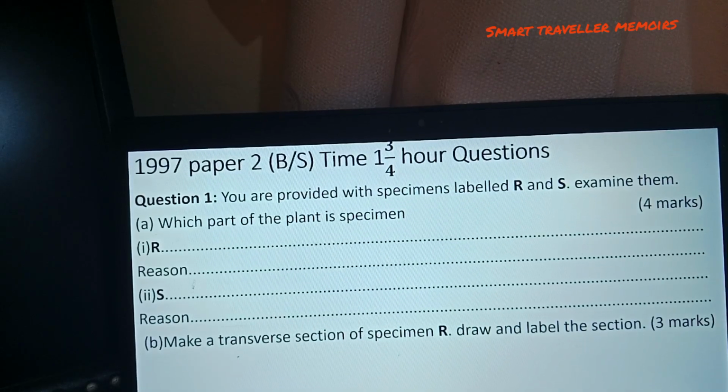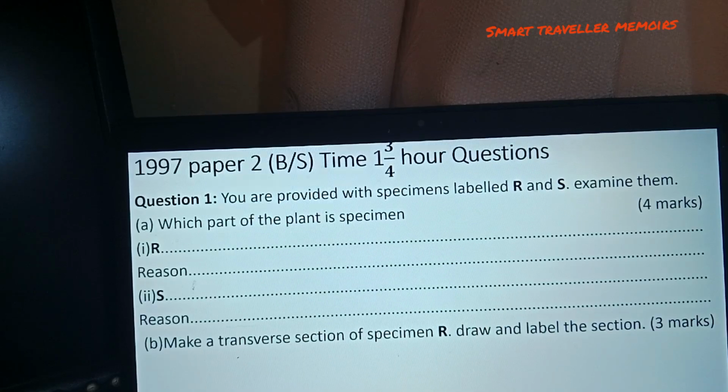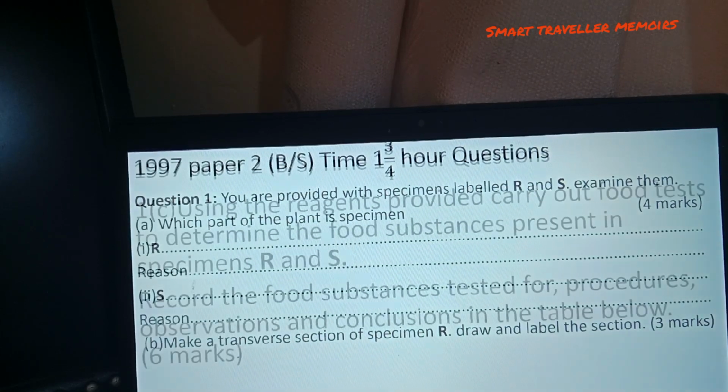Question 1. You are provided with specimens labeled R and S. Examine them. Which part of the plant is specimen R? Give a reason. S, give a reason. Make a transverse section of specimen R. Draw and label the sections. 1C.